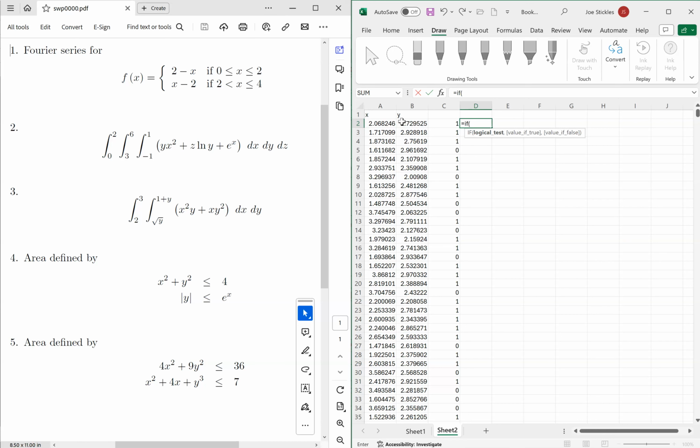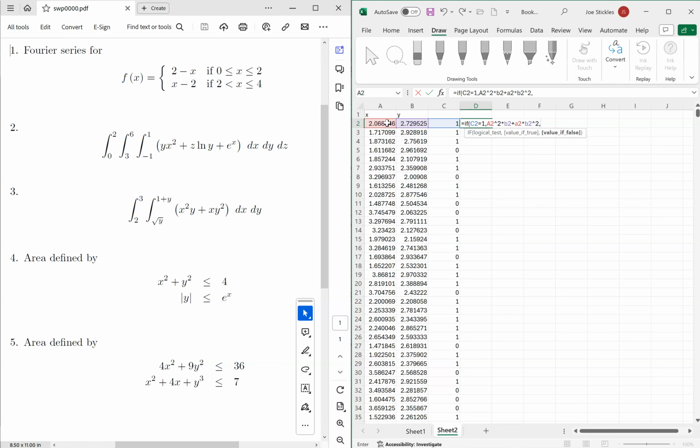If the point is in the region, then I want to use the function value. So if that C2 is equal to 1, then I want to take the point and plug it into the function. So I want to take A2 squared times B2. I'm just going to type rather than clicking. And then I want A2 times B2 squared.